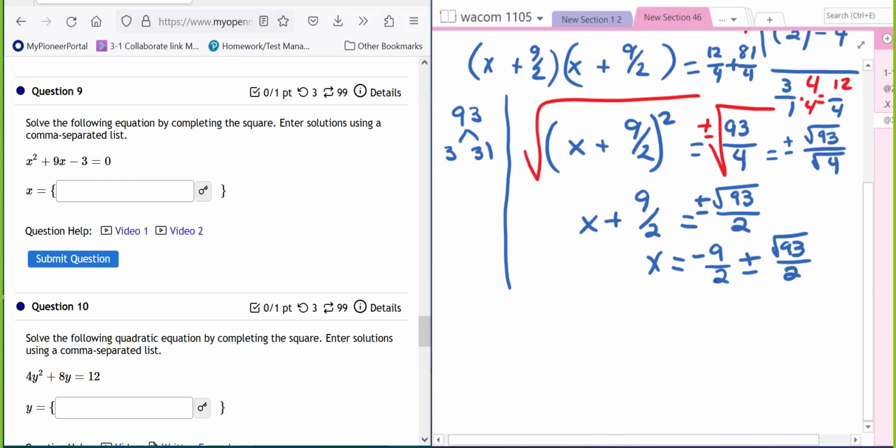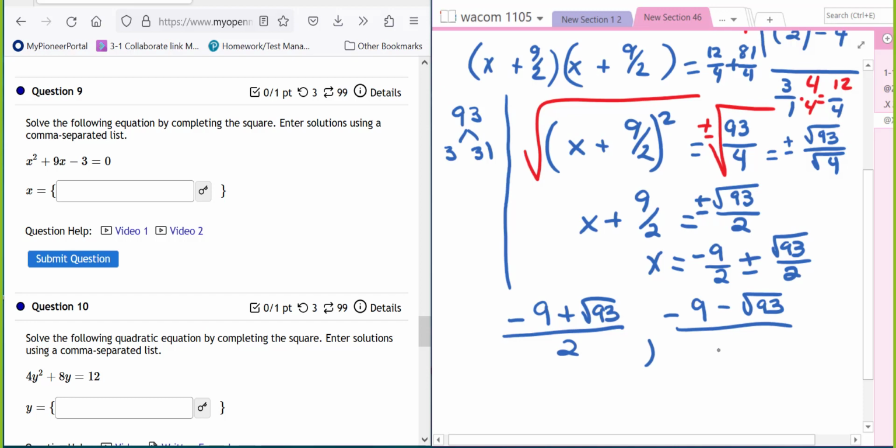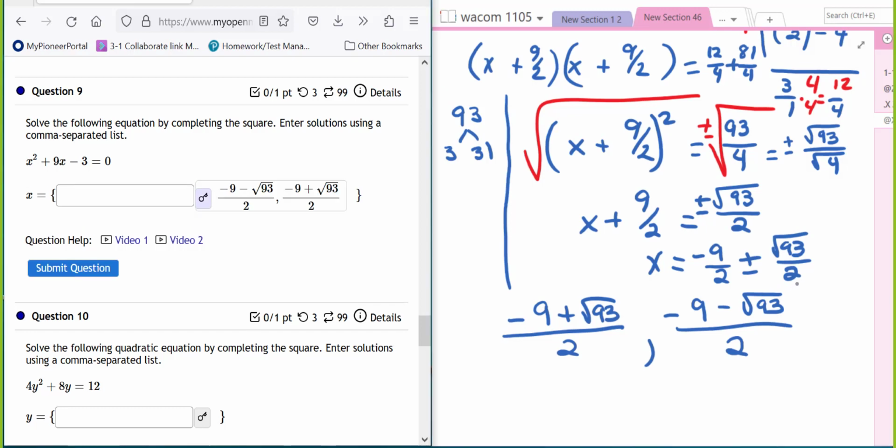It said your denominator is the same, so keep it and combine the numerators. So negative 9 plus square root of 93 over 2, and negative 9 minus square root of 93 over 2. I think this would also be acceptable without actually putting them together. So it put them together.